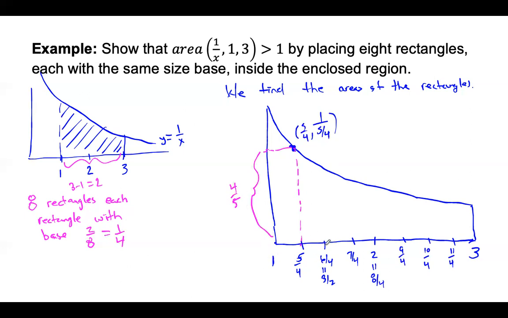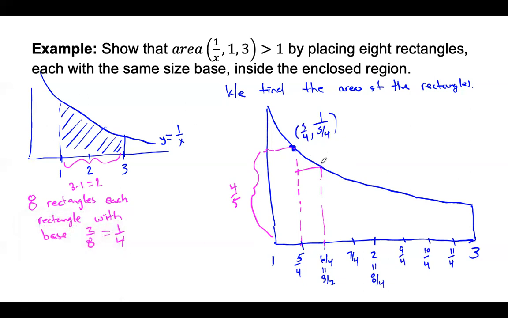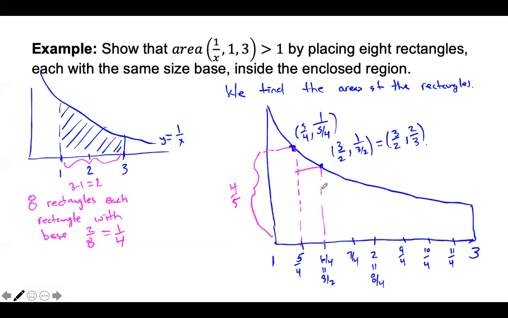And the next one. So this is 3/2, this height. 1 over 3/2, which is 2/3. So that's this height, 2/3.